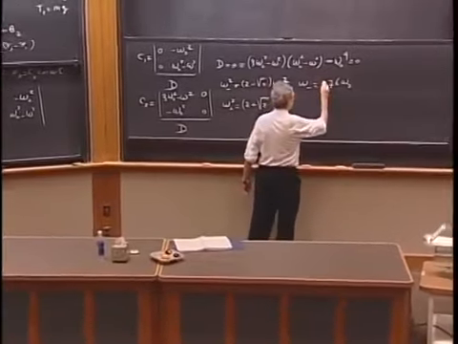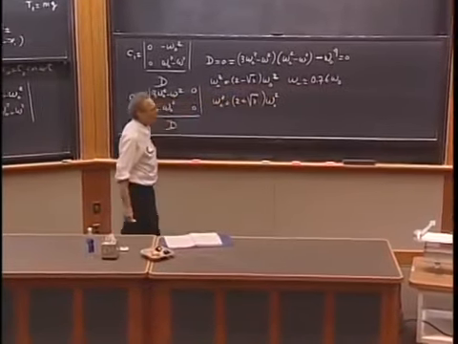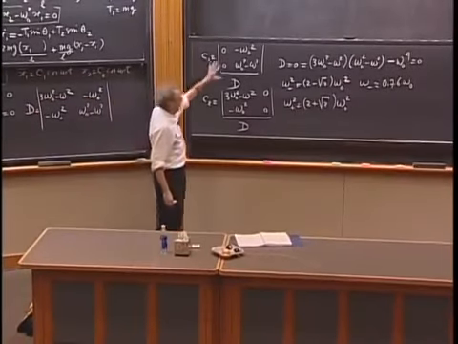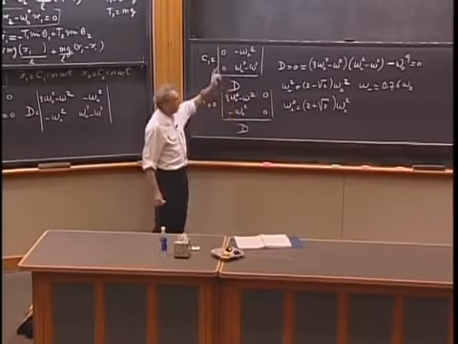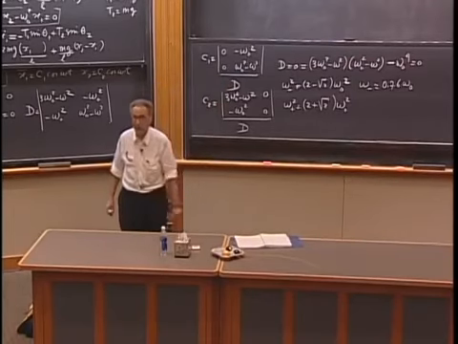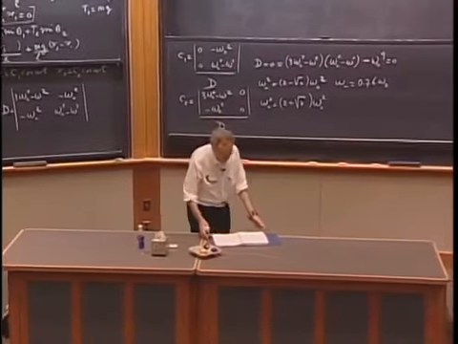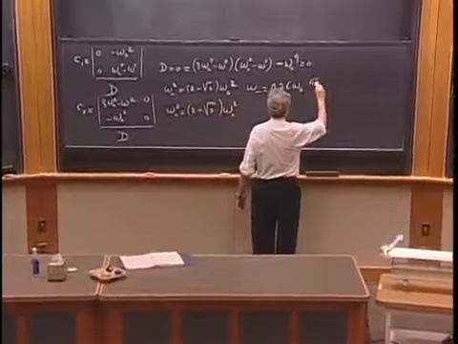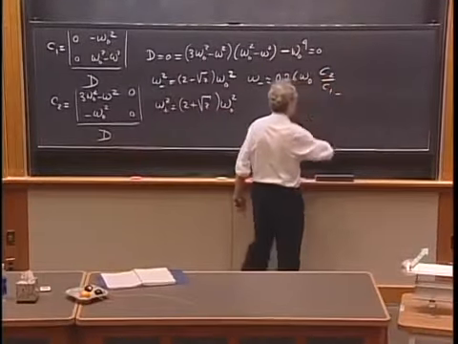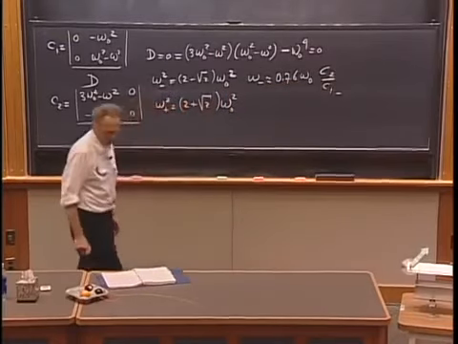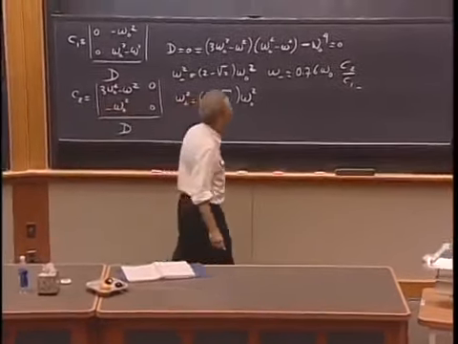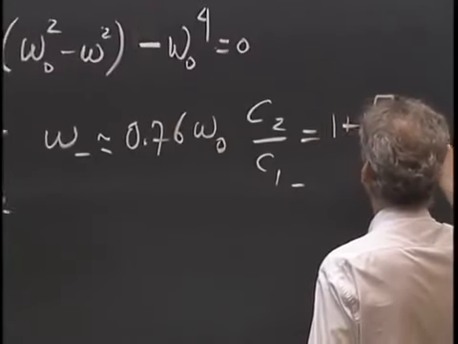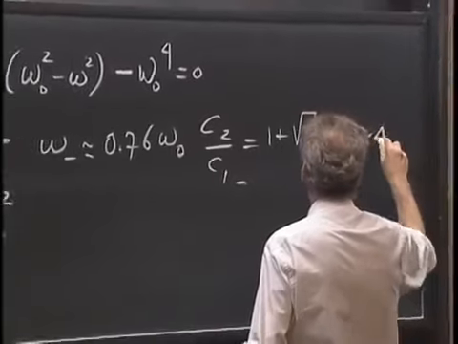And then I can substitute this value for omega back into my equations, or back into this if you want to. You get 0 divided by 0, which is not going to be 0. And you're going to find that C2 divided by C1 in that minus mode, in that lowest possible mode, is 1 plus the square root of 2, which is approximately plus 2.4.